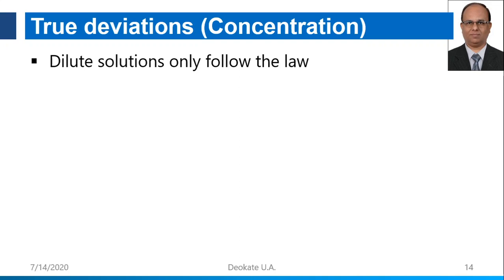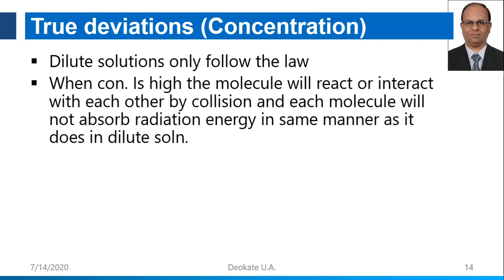Only dilute solutions follow this law. When concentration is high, the molecules will react or interact with each other by collision, and each molecule will not absorb radiation energy in the same manner as it does in a dilute solution. So when the concentration increases, it will not absorb the radiation in the same quantities, and there may be collisions at higher concentration, resulting in unequal distribution of radiation throughout the solution.